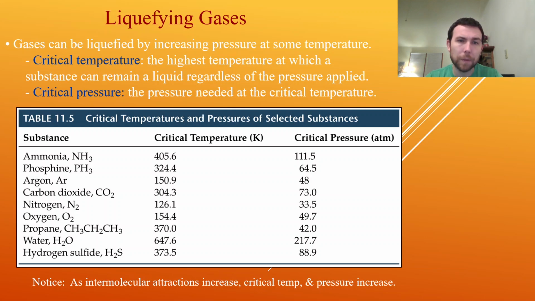So stronger intermolecular forces tend to lead to higher critical temperatures and critical pressures that our molecules can attain before they can be converted into a gas. Or if you're going from a gas back to a liquid, if that makes any sense.